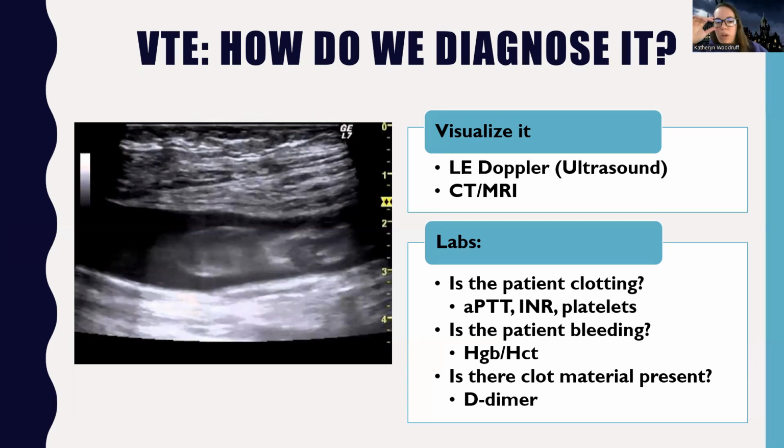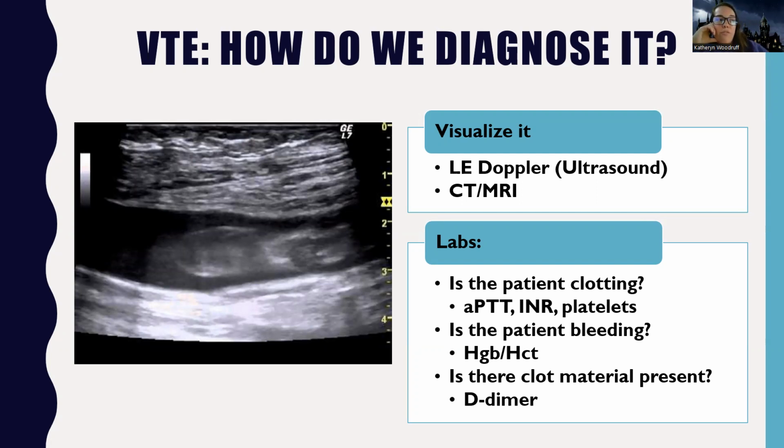Like by doing a hemoglobin and hematocrit, because a lot of times if people are forming clots, they can also have issues with blood loss. There's a lot of things like DIC when patients are forming clots. So we just have to keep in mind, we want to make sure that there's not bleeding going on anywhere.